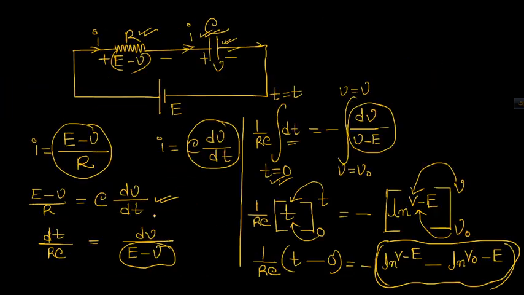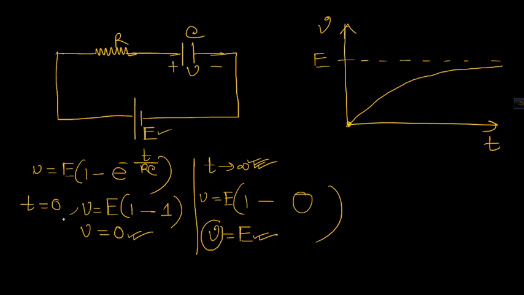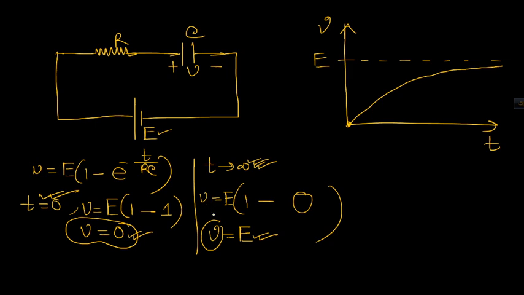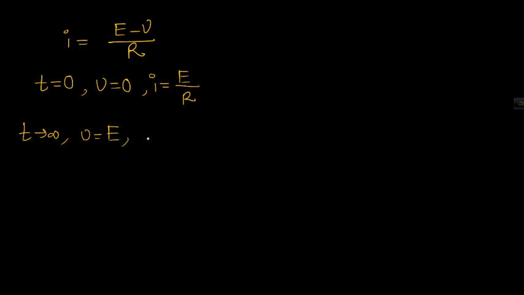Now let's talk about current. What is the equation of current? I is equal to (E minus V) by R. When t is equal to 0, initially, the voltage across the capacitor was 0, and at that time I is equal to E by R. But when t tends to infinity, the voltage across the capacitor is equal to the EMF of the battery, and at that time I is equal to 0, right?